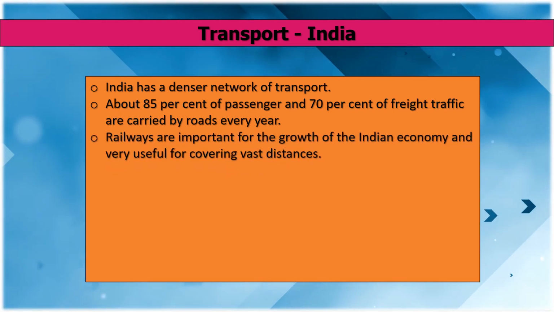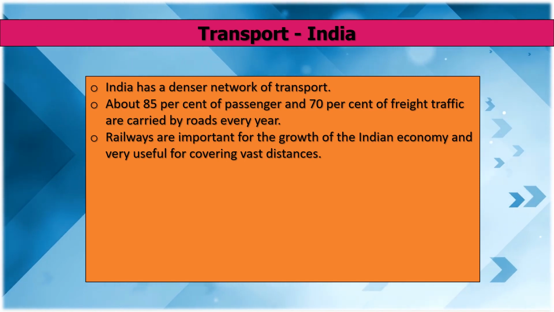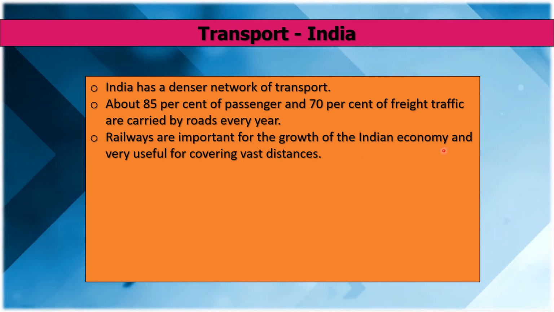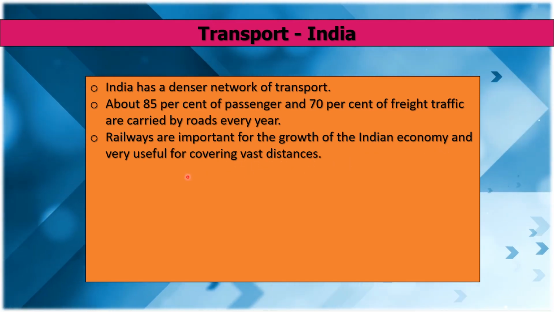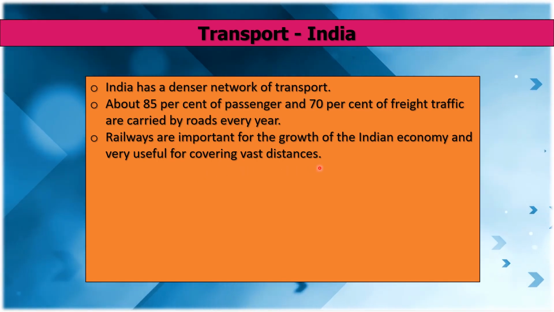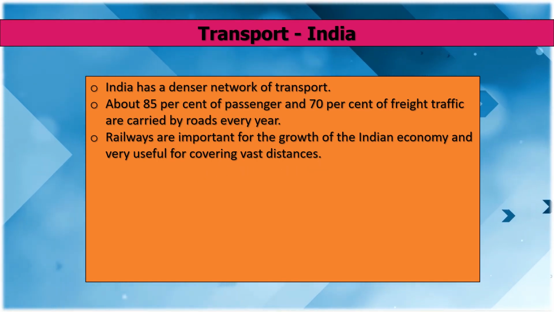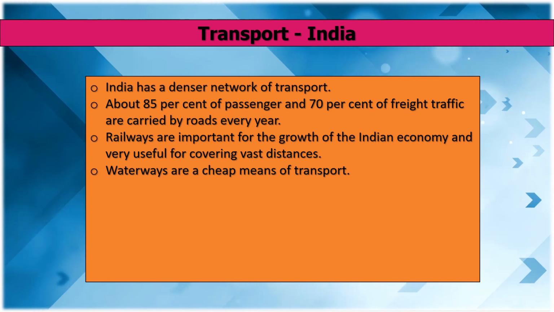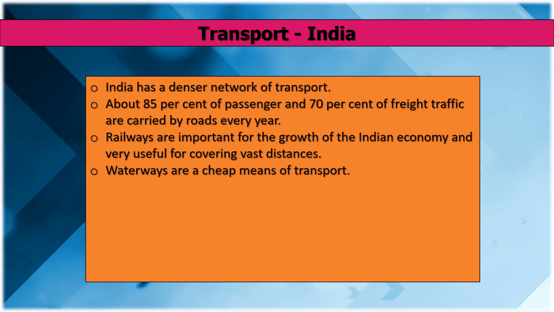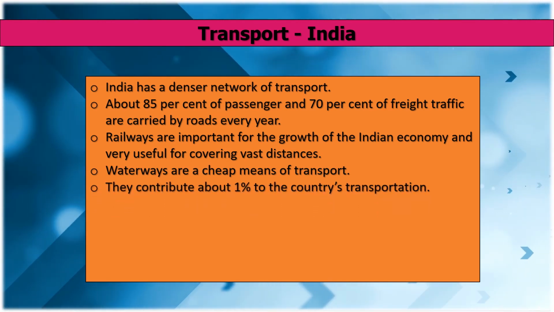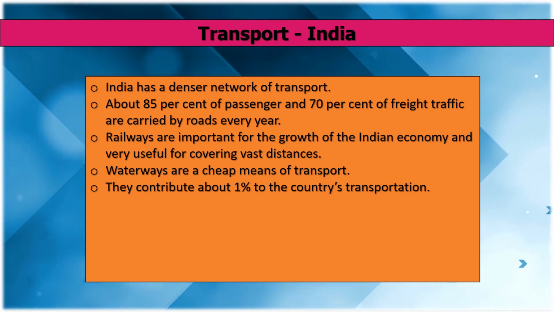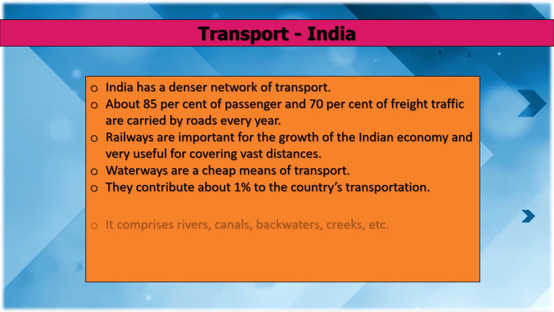The next point: railways are important for the growth of the Indian economy and very useful for covering vast distances. It's also cost effective. Waterways are a cheap means of transport. They contribute about 1% to the country's transportation.